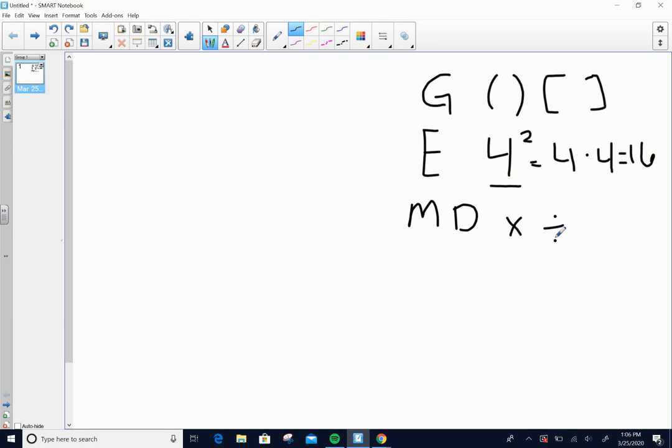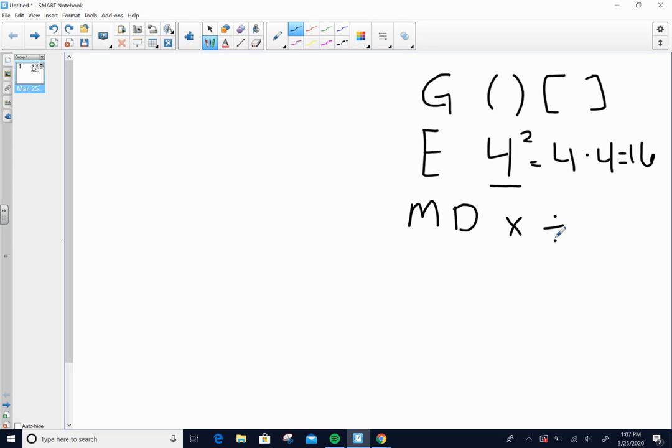So if you have multiplication first in the problem, we read it left to right like you would a sentence, then you would do the multiplication first. If you've got division first in the problem, then you would do the division first. So we write them on the same level because you do them at the same time. They're like the third step in the order of operations, but you do them in the order that you read them, left to right. And I will go through an example of that.